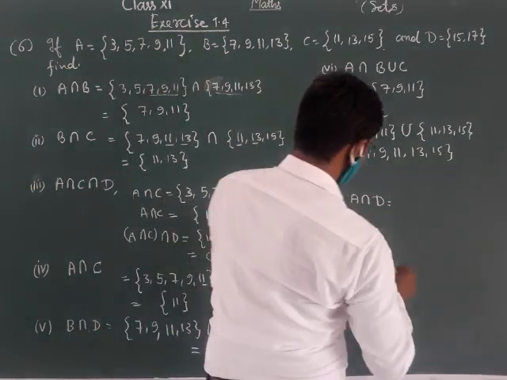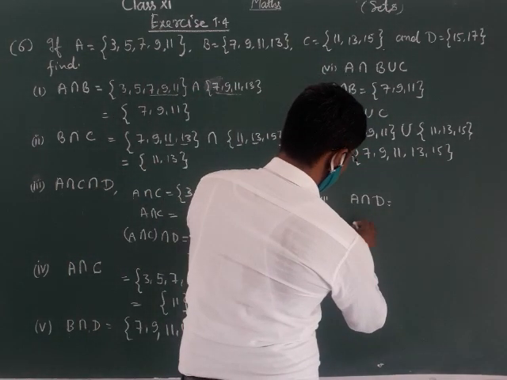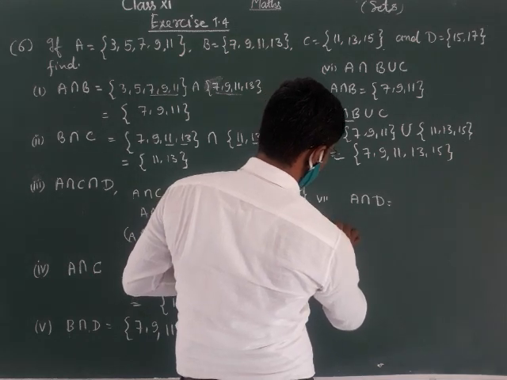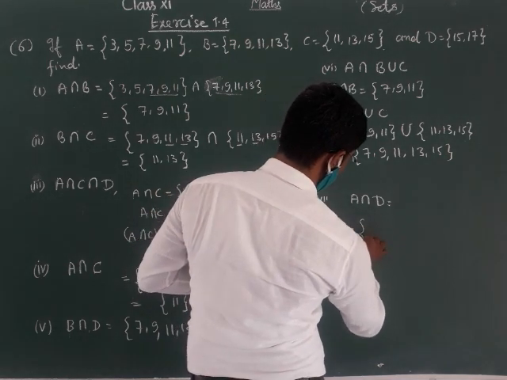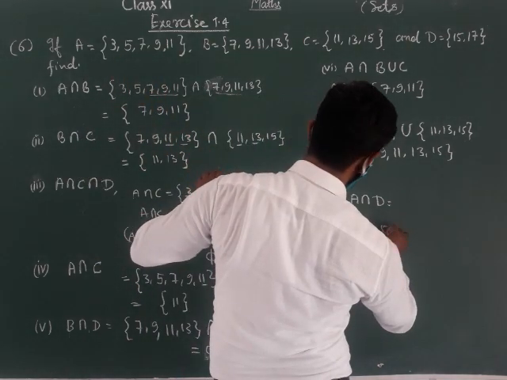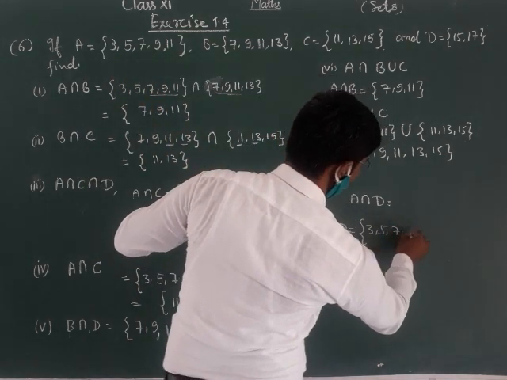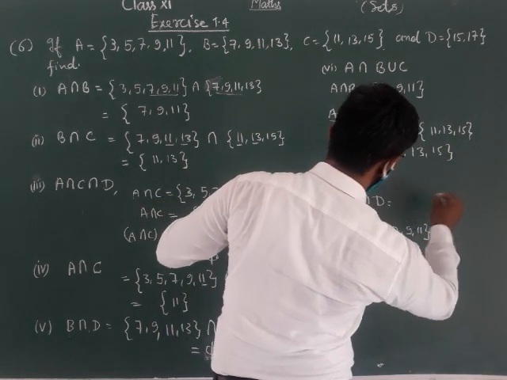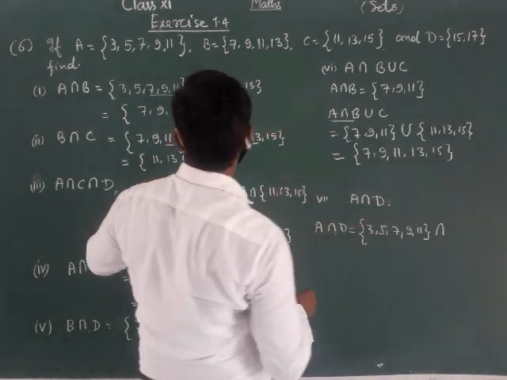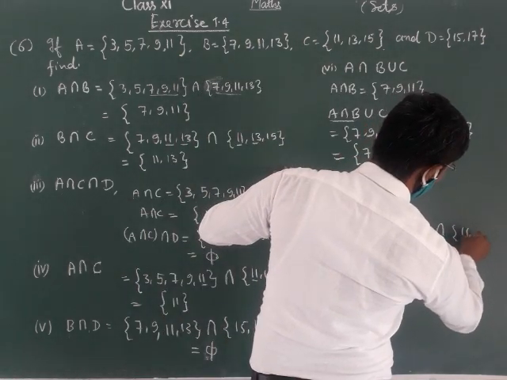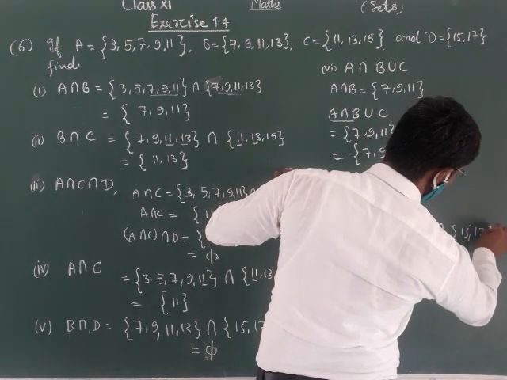A intersection D: A has elements 3, 5, 7, 9, 11, and intersection D has elements 15 and 17.